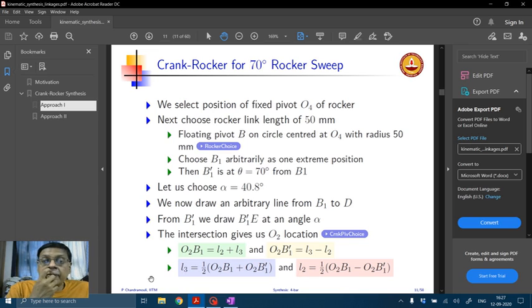So from B1 we drew an arbitrary line B1D, and then from B1 prime we drew a line B1 prime E, which makes an angle alpha to the B1D line. So this intersection gave us O2.